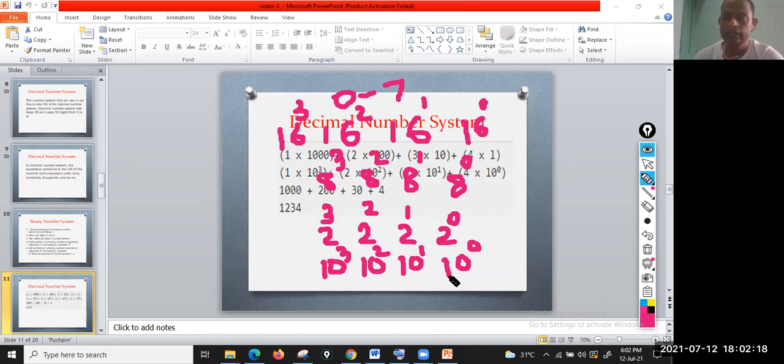The decimal number uses 10 digits, the binary number uses 2 digits, 0 and 1, the octal number system uses 8 digits, and the hexadecimal number system uses 16 digits. Understood?